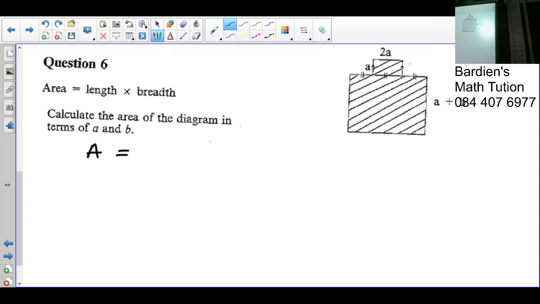How are we going to calculate the area here? a times 2a, and that will calculate the area of what? The rectangle, the one on top in particular. So yes, it will be 2a times a, length times breadth, not so. Now how are we going to calculate the area of the other piece?